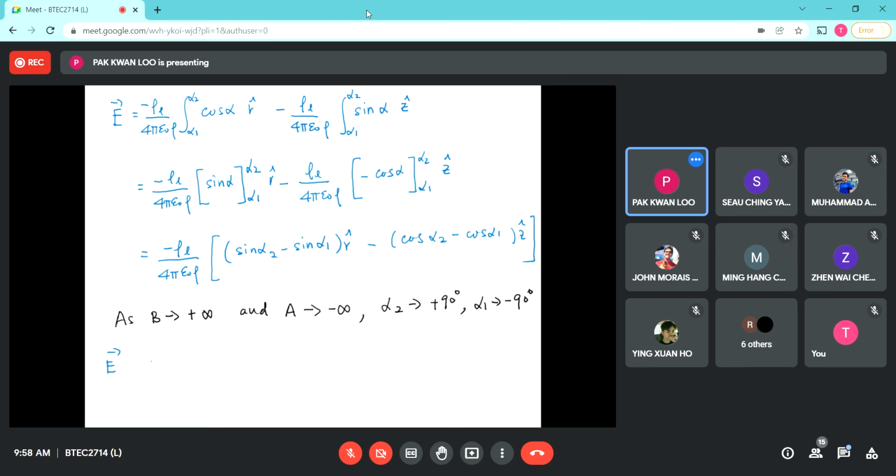Here we can write this as alpha 2 minus, so this is 90 degrees, pi over 2, minus sine of negative 90 degrees, which is going to be 1 minus 1.